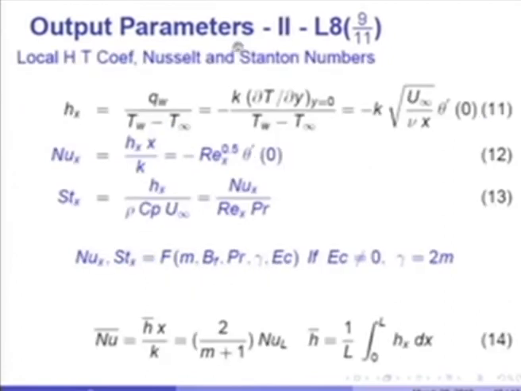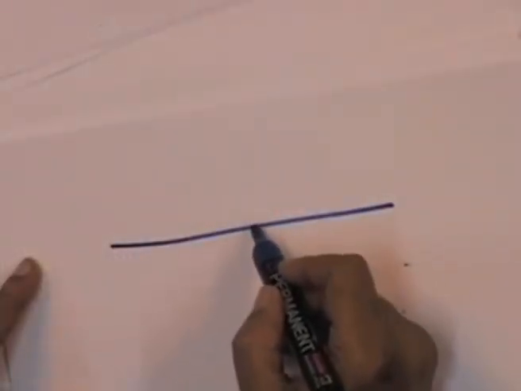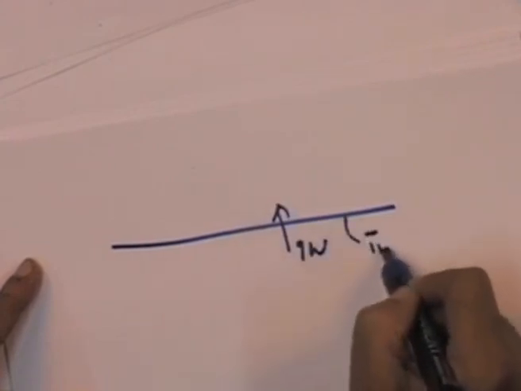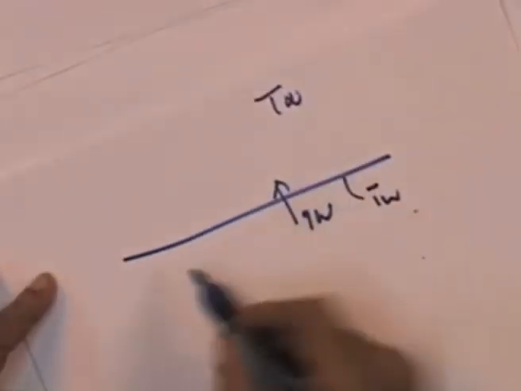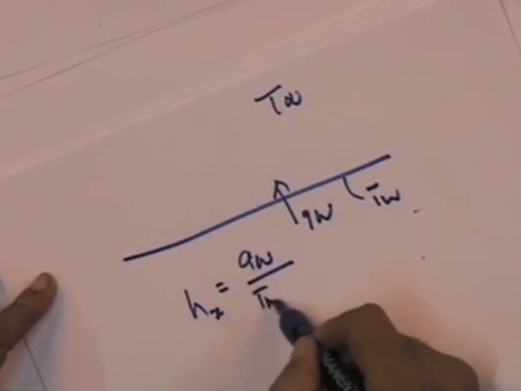Remember, we obtain solutions by guessing the value of theta prime 0. How is it related to the heat transfer coefficient? Hx, the local heat transfer coefficient, will be q wall divided by T wall minus T infinity. Remember, at any x, if this is Q wall, T w and T infinity, then H x is simply Q w divided by T wall minus T infinity.